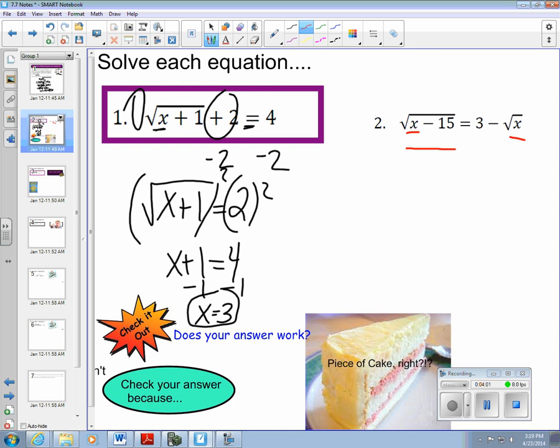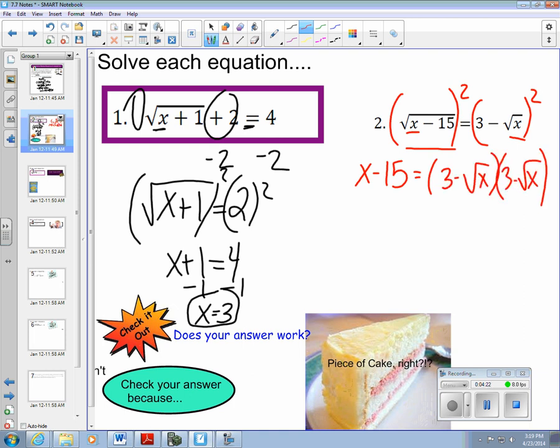So if we square both sides, the left side leaves us with x minus 15. But on the right we have 3 minus the square root of x, so how can we rewrite this? We have 3 minus the square root x times 3 minus the square root x, and we need to FOIL this out.